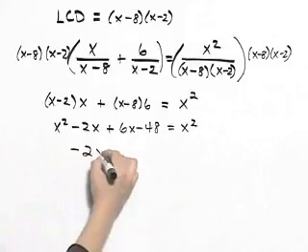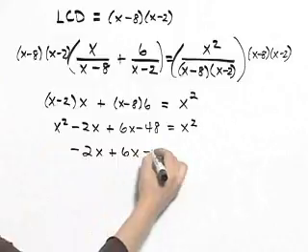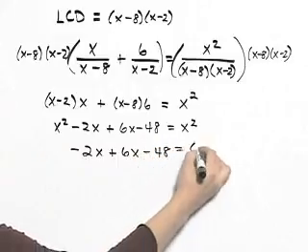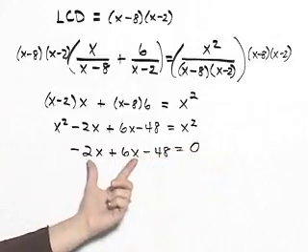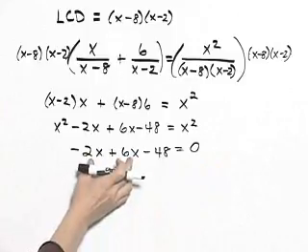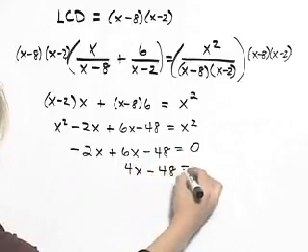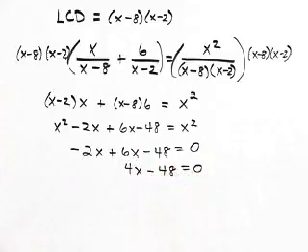If I do that, I'll have minus 2x plus 6x minus 48 equals 0. Next, I notice that we have some x terms on the same side of the equation, so we'll just combine those and we'll have 4x minus 48 equals 0.